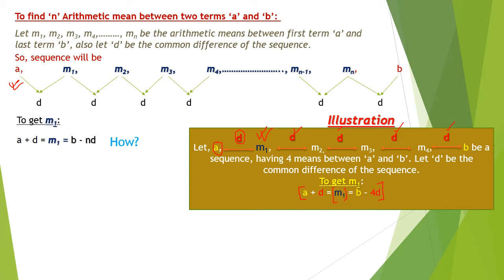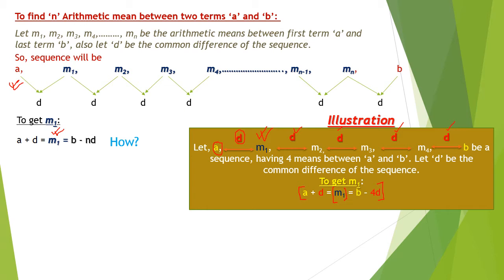So to get the first mean from the last term, we have to subtract n times d from b. Here we cannot count because we don't know n, but in the illustration we can count. If there were 5 means between a and b, then it would have been b minus 5d to get the first mean. To get the second mean, third mean, that is another part.